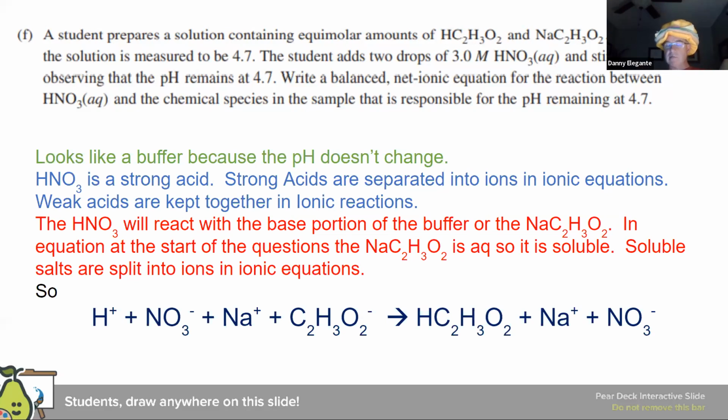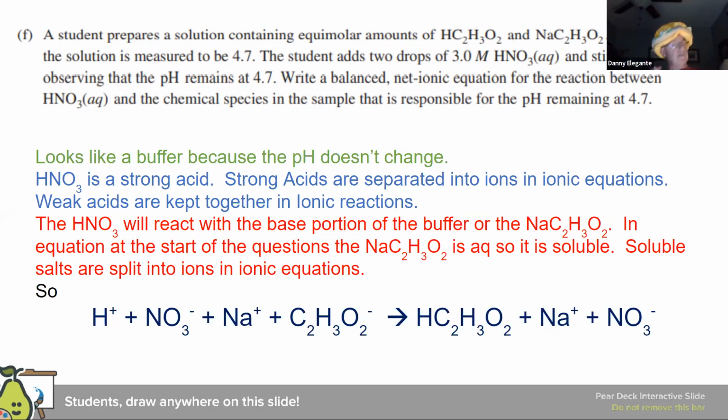C2H3O2 together is I know that it's a weak acid. And I know you're like, wait, how do you know it's a weak acid? Because it ain't strong. If it ain't one of the strong ones, then it's got to be a weak acid. So when that acetate, the C2H3O2 negative ion, grabs onto the hydrogen, it's going to stick to it and stay stuck to it.